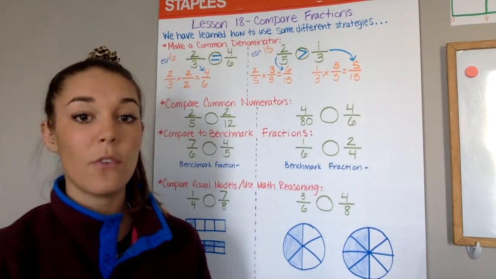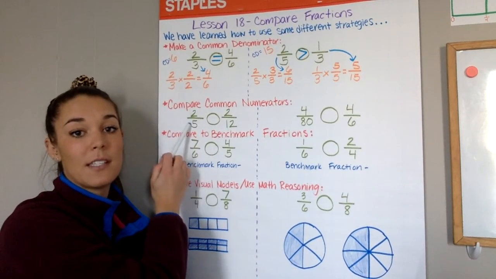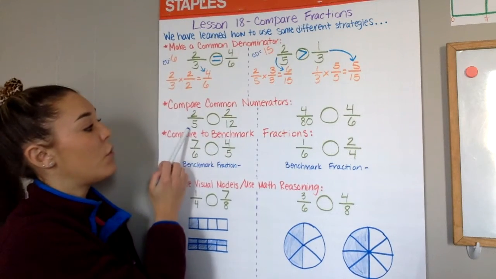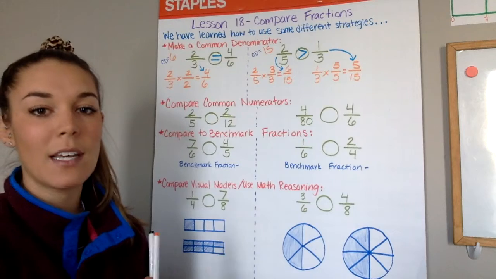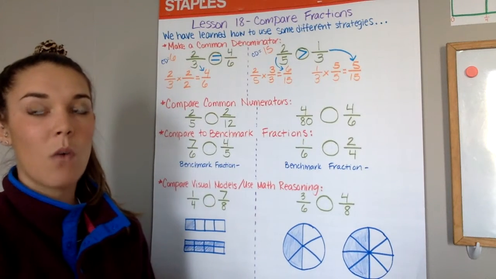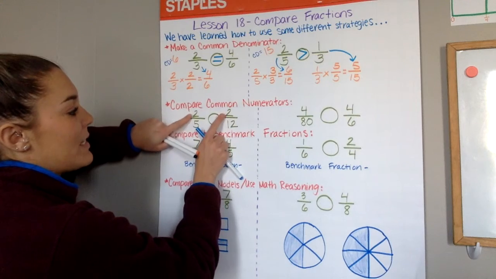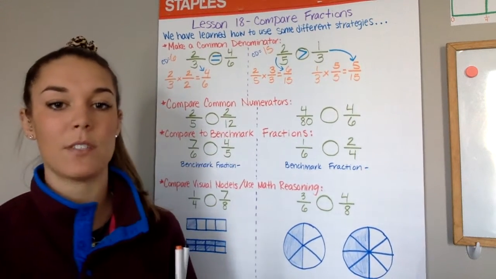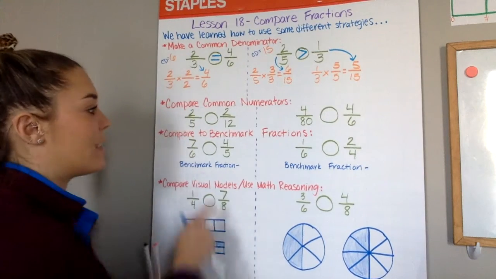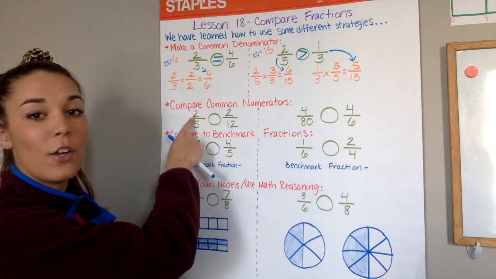So this is when your fractions have the same numerator, or top. Let's look at this example. If I have 2/5 and I have 2/12, how can I compare that? So I know these are my equal parts, and this is how many I have of each. So I'm thinking about, like, it's my birthday, and my cake is cut into 5 pieces, and my mom says that I can eat 2.